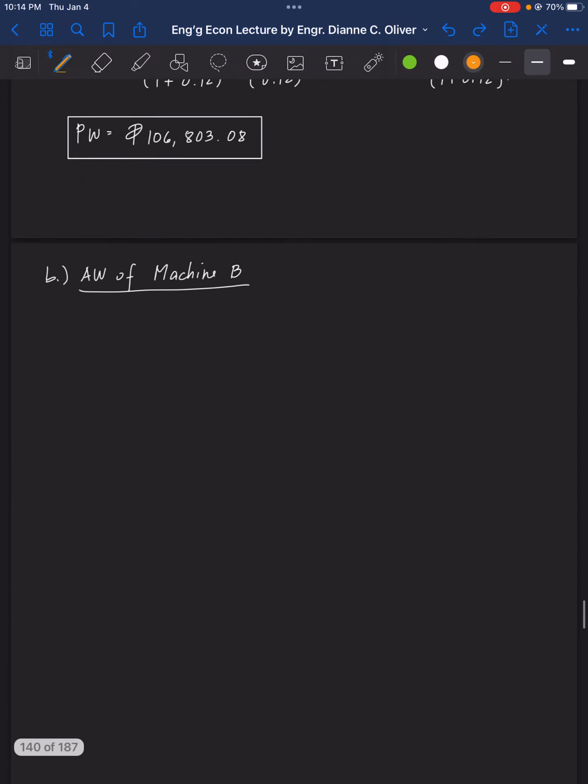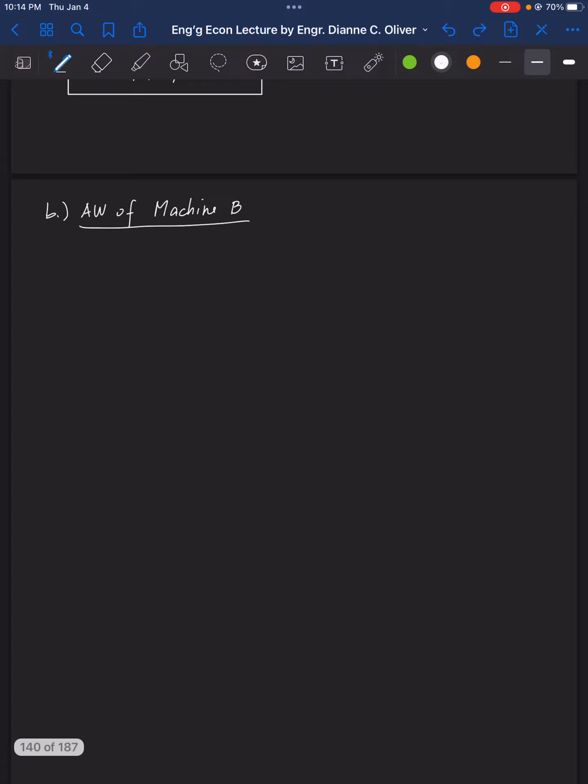So if we're going to use depreciation here, annual worth is equal to depreciation of 64,000 minus the salvage value 5,000.